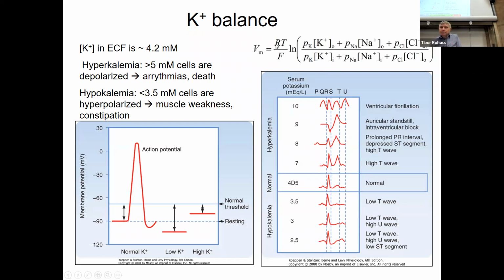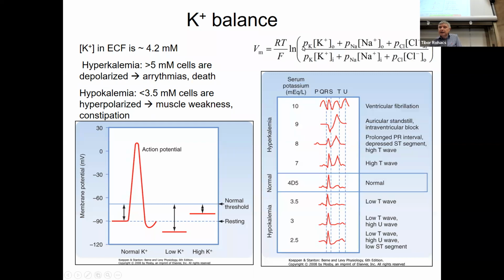Basically, this equation here is the Goldman-Hodgkin-Katz equation. It shows what the determinants of the membrane potential are. You can see that there's potassium outside and inside, sodium outside and inside, chloride inverted. In each case, the concentration of the ion is multiplied by its permeability.